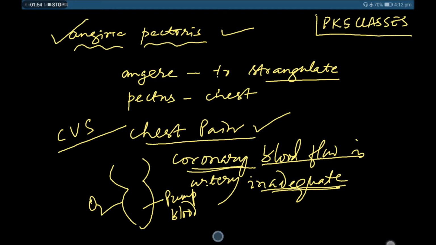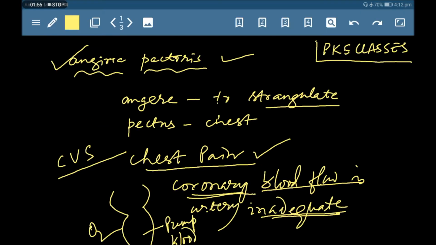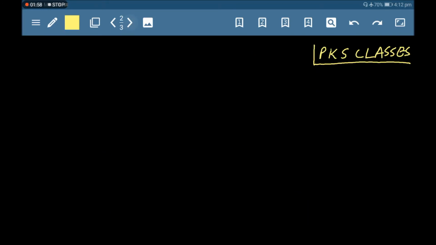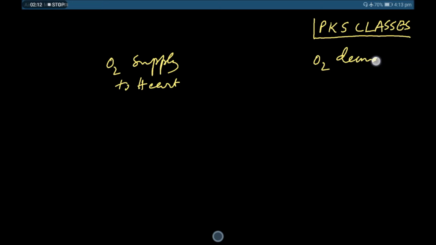So we can say that in angina pectoris there is an imbalance between the oxygen supply to the heart and the oxygen demand of the heart.